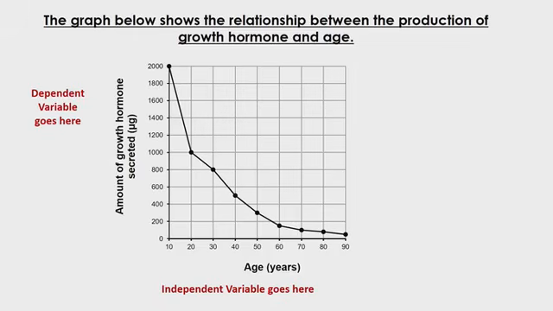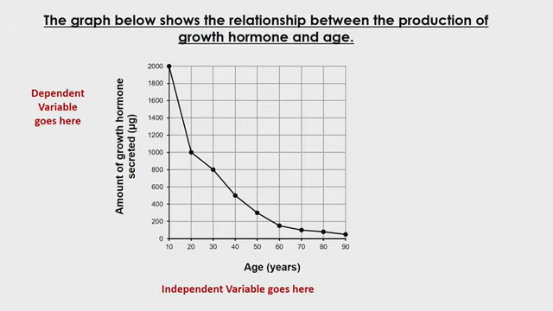So we already know that our dependent variable goes on the y-axis, independent variable goes on the x-axis, and also remember that we have to give our age in years. The unit of measurement that we are applying here is years. So your label cannot just be age on its own, because we need to give a unit.